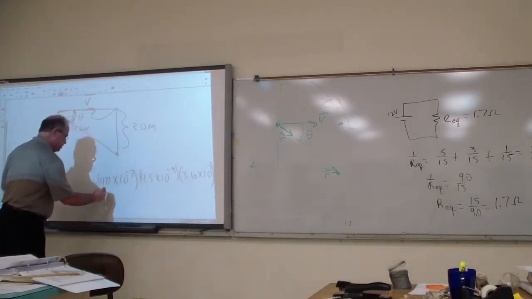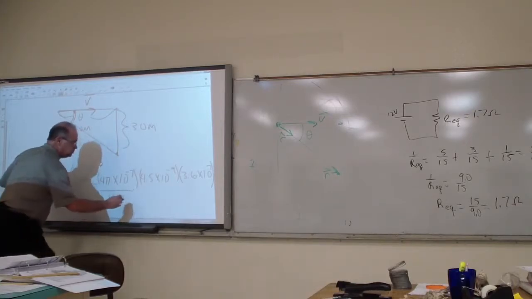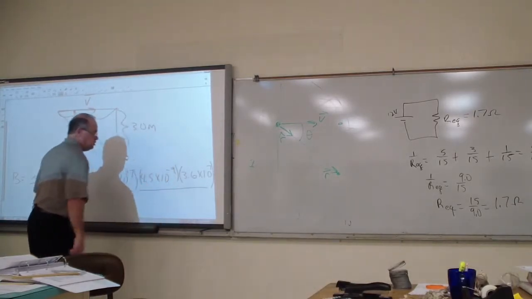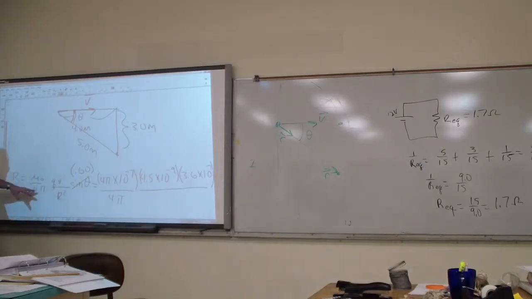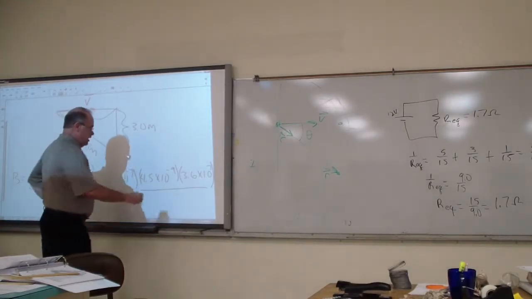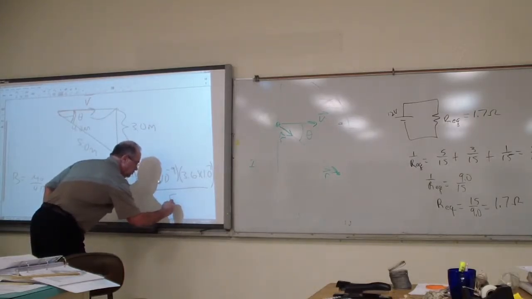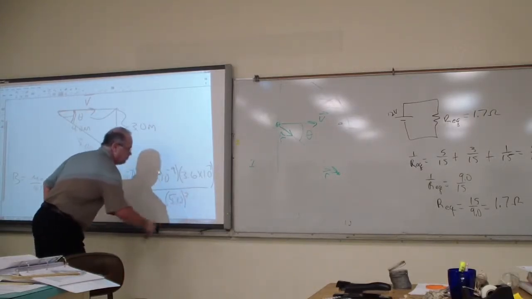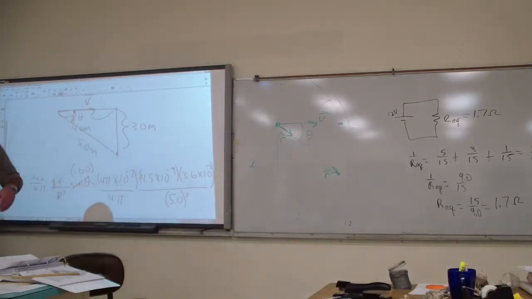Oh, 4 pi is over here. What happened to the 4 pi that was under? I'll put it right there. Is there any way that would cancel out? It will, yes. And this is 5 squared here, right? Plug it in so you can get the right answer.